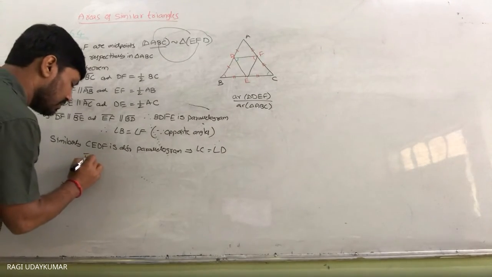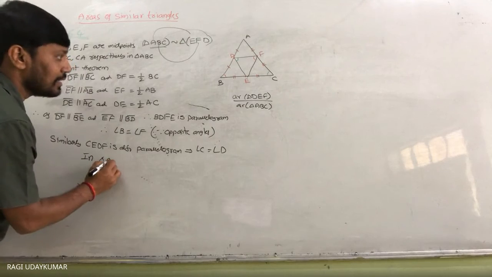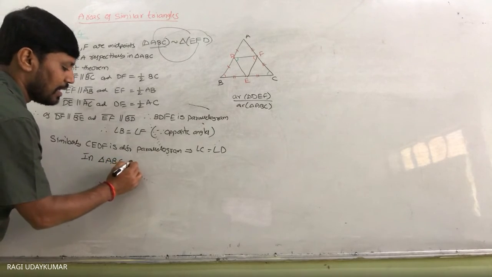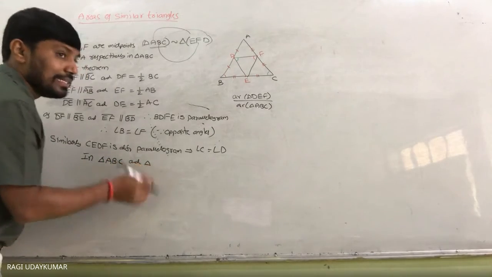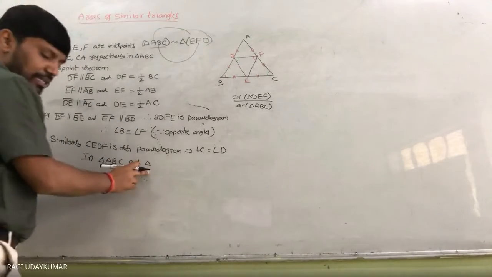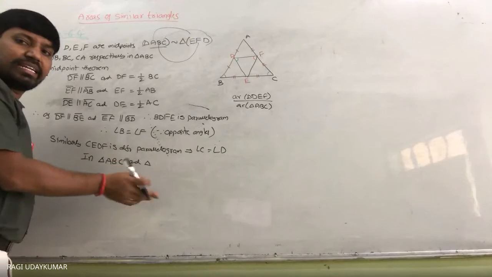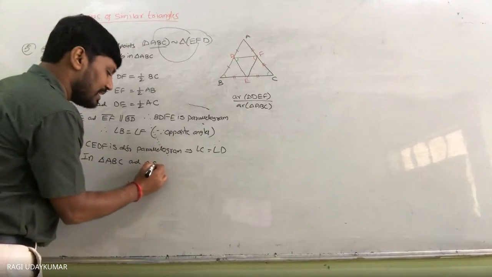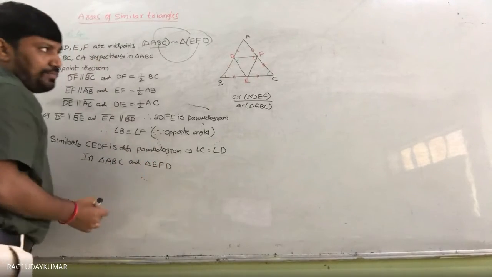Now, in triangle ABC and triangle, either you can write the DEF. EFD लिखने की जरूरत नहीं इधर. If you want here, you can write the DEF. But better you write here also EFD.